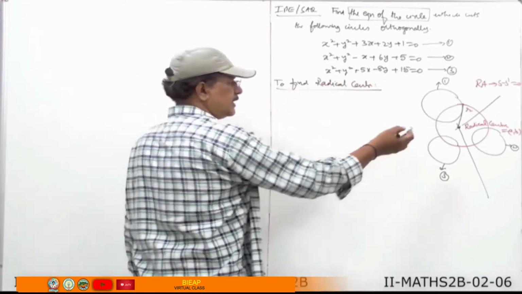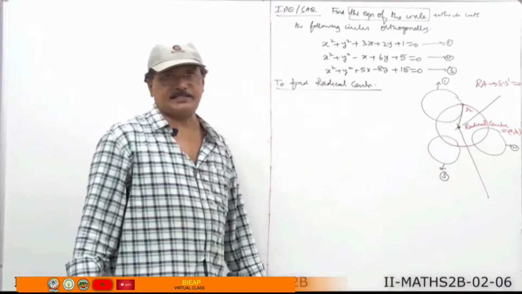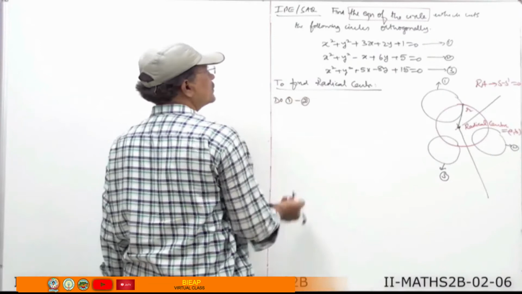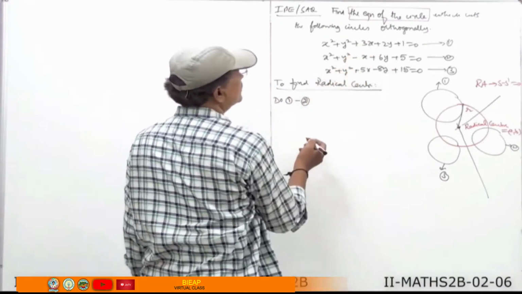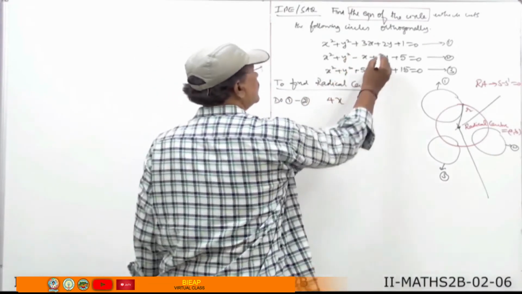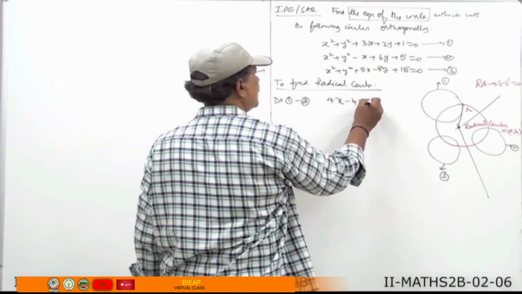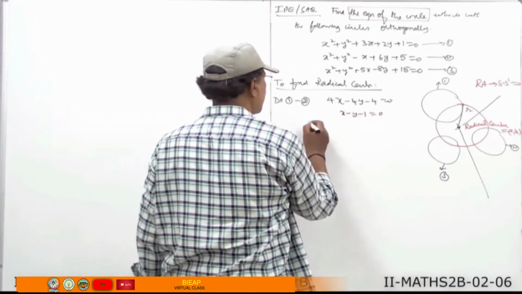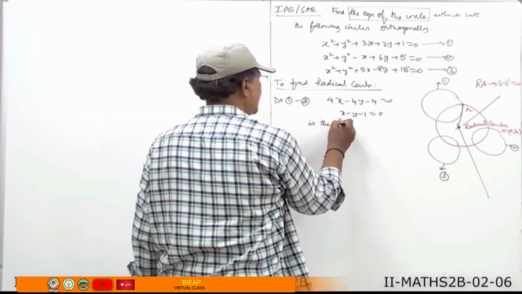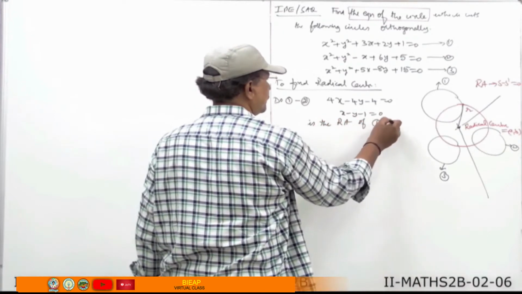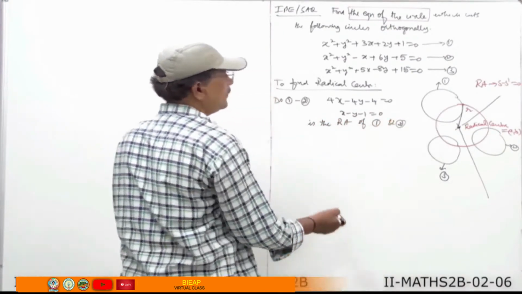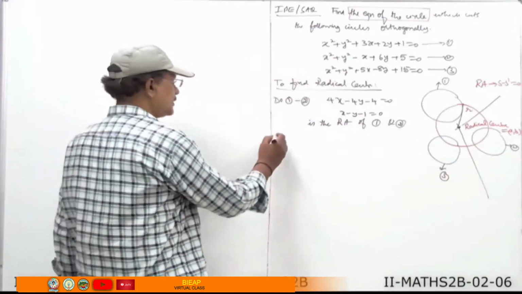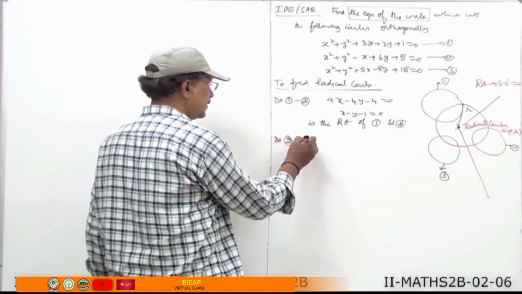To find the radical center, you find any two radical axes. So, do 1 minus 2. If you take 1 minus 2, we get 3x plus x, that is 4x, 2y minus 6y, that is minus 4y, minus 4 equal to 0, that is x minus y minus 1 equal to 0, the radical axis of 1 and 2. Similarly, take the radical axis of 2 and 3, that is 2 minus 3.